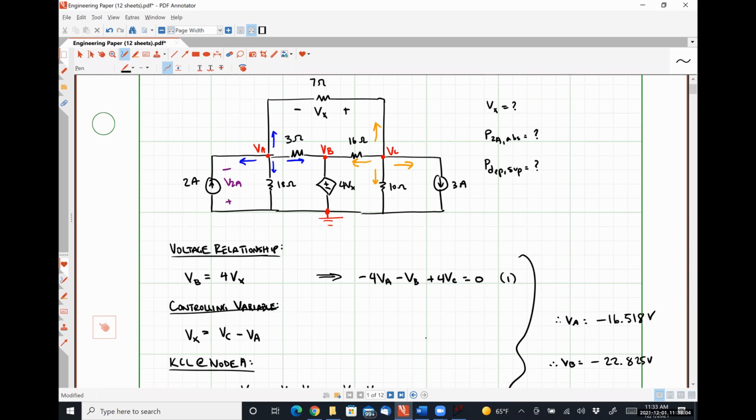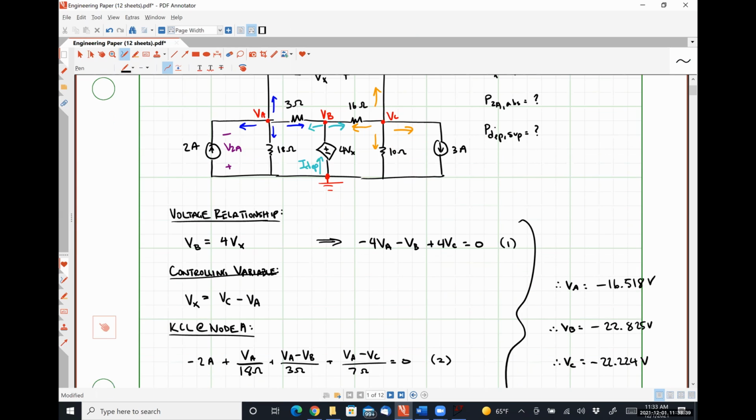To get the power supplied by the dependent source, I need to know the voltage drop across the dependent source, which is simply 4Vx, and the current flowing into the negative polarity terminal. So I'm going to say that the current flowing into the negative polarity terminal, this guy right here, I dependent, is simply this guy plus this guy using Kirchhoff's current law. Everybody okay with that?